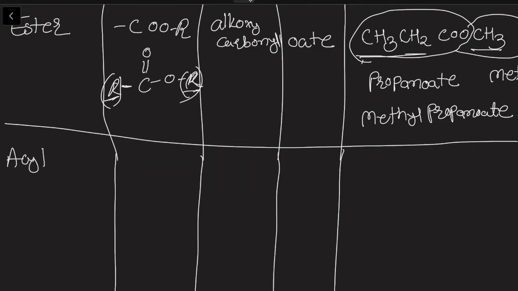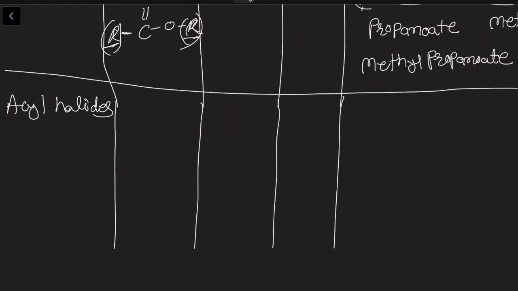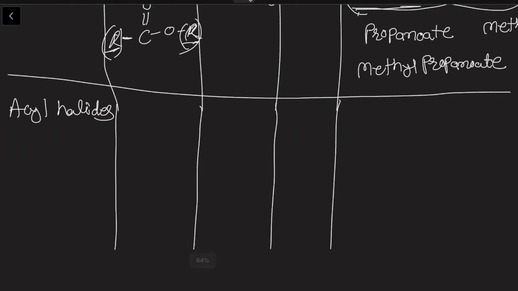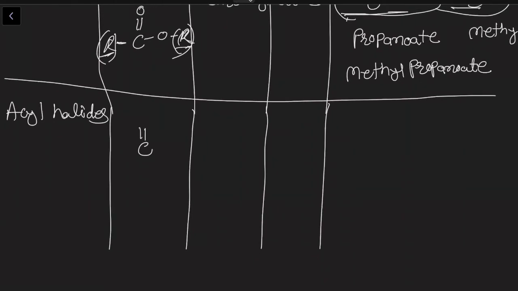So let's do acyl halide. Basically a carbon double bond with oxygen and a halide involved with it, X. This is called the acyl halide group and it has a prefix which is halocarbonyl.